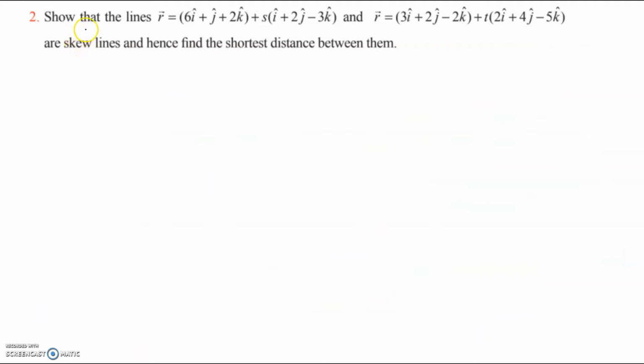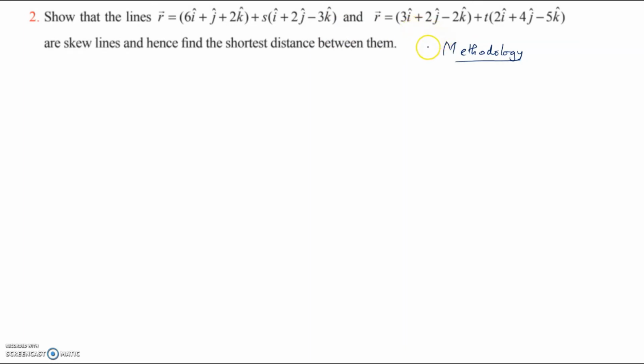Question number 2. Show that the lines r, given by this expression and this, are skew lines, and hence find the shortest distance between them. So what's the methodology that we would follow? To show that these two lines are skew lines, we have to prove that they are not coplanar and they do not intersect.